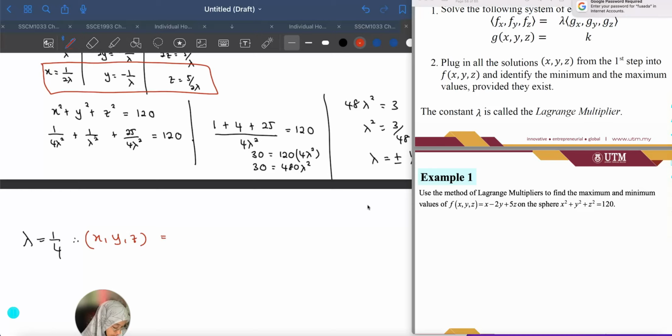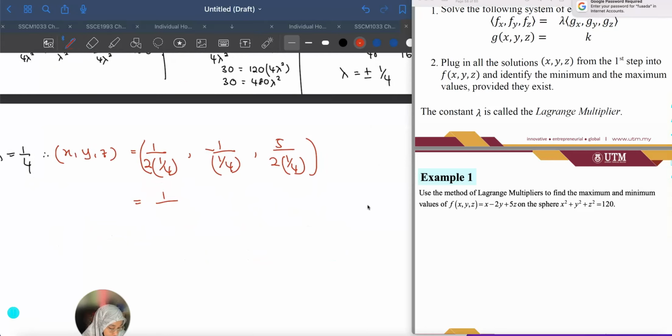For x, you will have 1 over 2 times 1 over 4, and then for y, negative 1 over 1 over 4, and then for z is 5 over 2 times 1 over 4. So let's try to simplify.